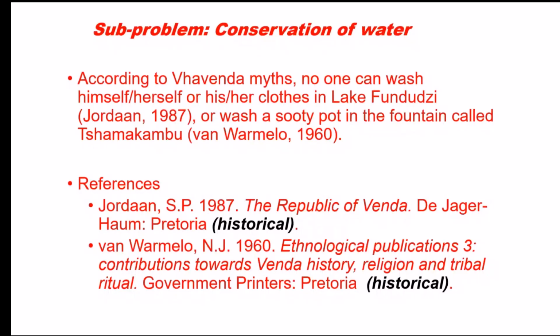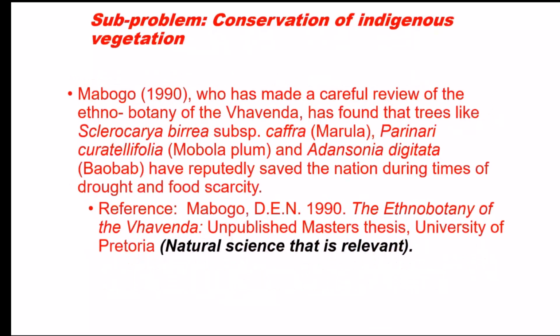Mabogo, who I said wrote from a Western perspective because he was one of the lecturers, has made a careful review of the ethnobotany of the Bavenda. Then he found that trees like Sclerocarya birrea, which is marula, Parinari curatellifolia, which is mobola plum, and Adansonia digitata, which is baobab, have reputedly saved the nation during times of drought and food scarcity.